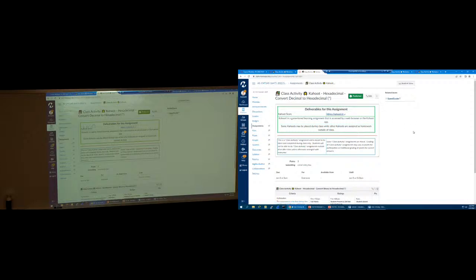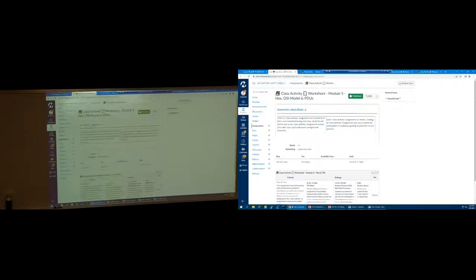Can you either enter the score that you got or the number right that you got? Okay, so you're going to be entering the score or the number right that you got. So just enter the score or the number you got right.